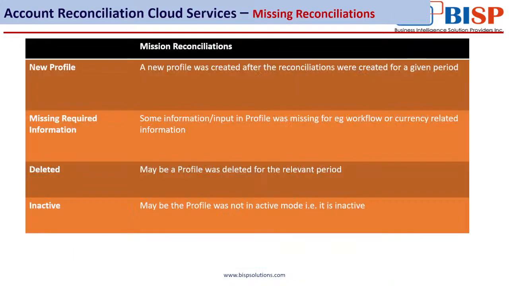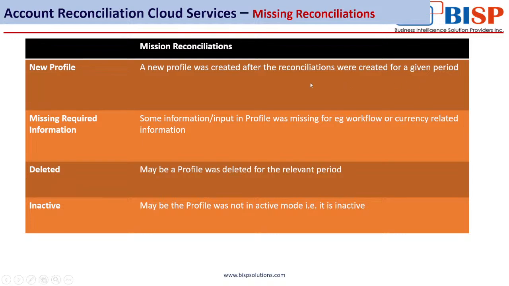Then we have missing reconciliations. Maybe some reconciliations may be missing. What are the basic reasons for these reconciliations not being available or having been missed out? There are basically four common reasons that missing reconciliations may occur. The first is a new profile. A new profile might have been created after the reconciliations were created for a given period.